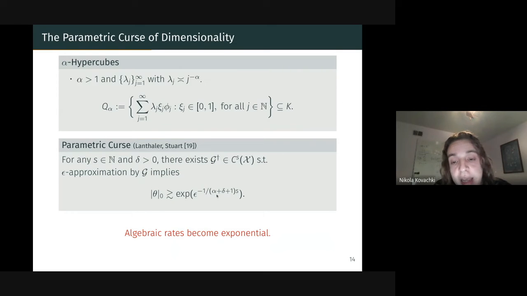So again, I need an exponential number of parameters in epsilon to approximate just G dagger. This is what I'm calling the parametric curse of dimensionality, which is telling me that there will always be a bad map that I can't possibly approximate well. So I can approximate anything, but there will always be things that I cannot approximate efficiently.